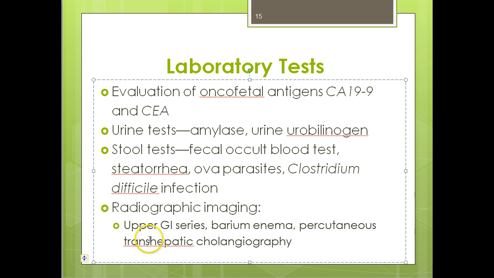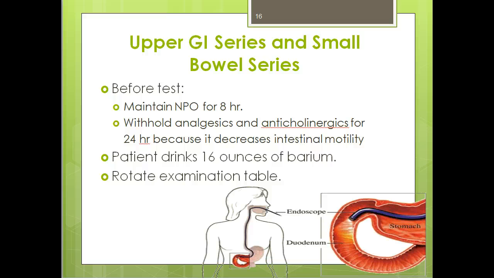And then you're going to do various radiographic imaging on people. You can do an upper GI series, which consists of a series of x-rays. You can do the barium enema, and they have all types of GI radiographic tests that a person can do to assess for any types of problems.